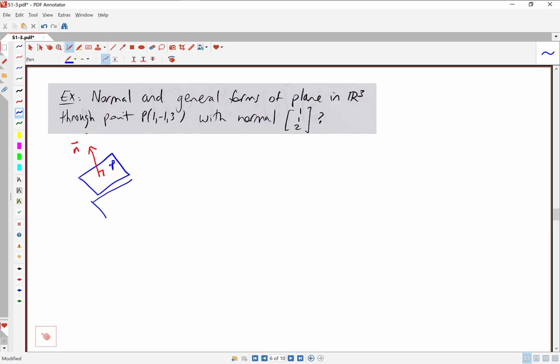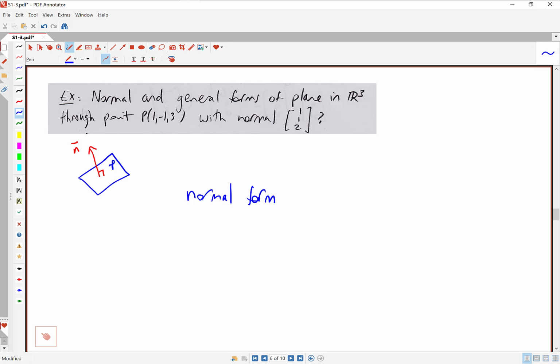Otherwise, the plane could be, say, down here and still perpendicular to that same vector. So you can see we've got these two pieces of information in the question, and so that should be enough to identify our plane. So let's start with the normal form, and then we can move into general from there.